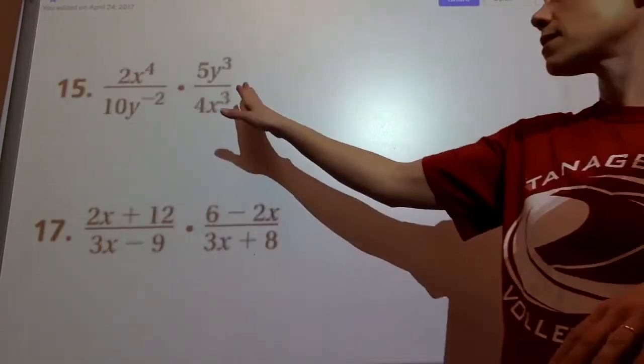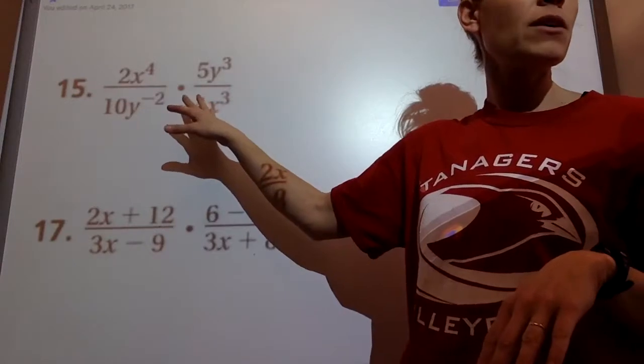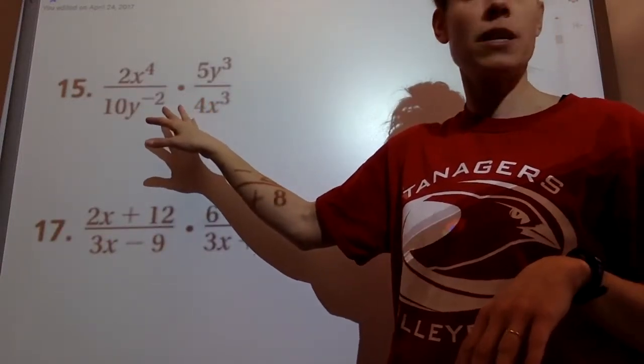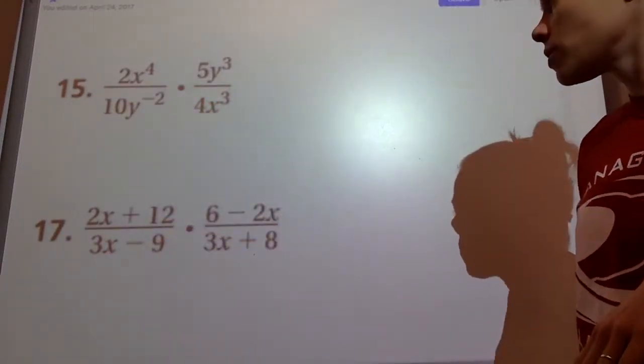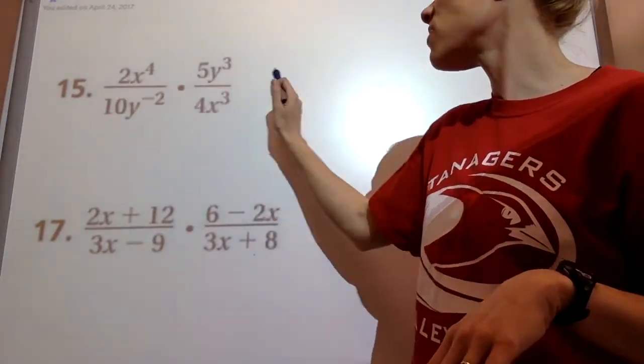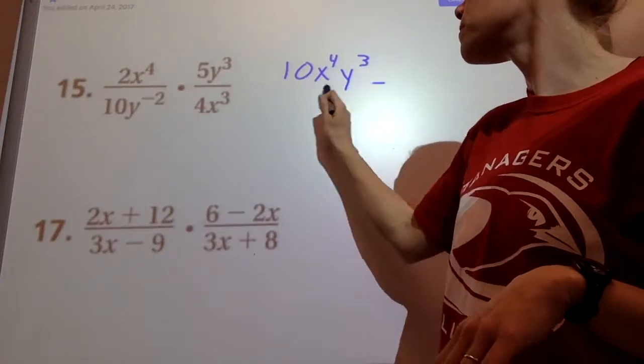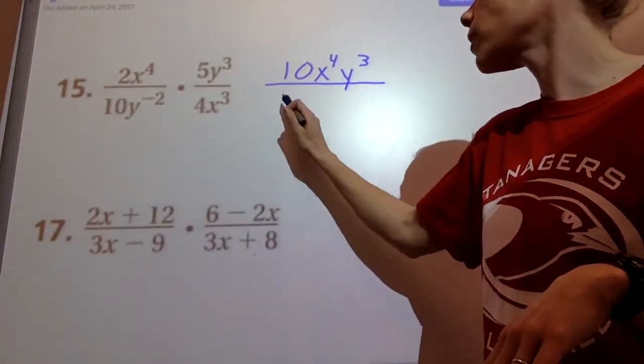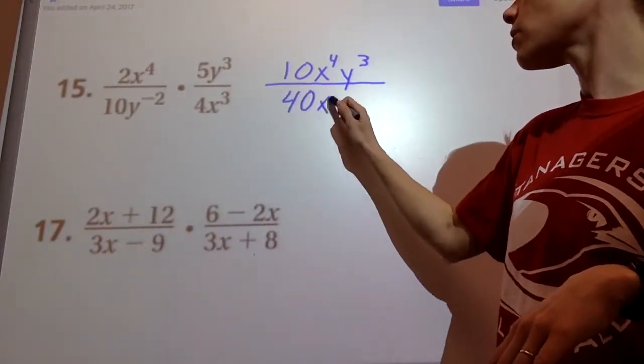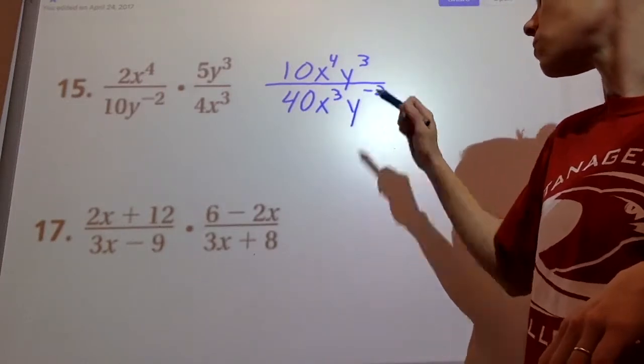So again, see how there's no adding, subtracting? So this, we're just going to multiply first, then simplify. Okay? So multiply the tops. 2 times 5 is 10, and I would get x to the 4th y cubed. The bottom would become 40, and I would have x cubed y to the negative 2.